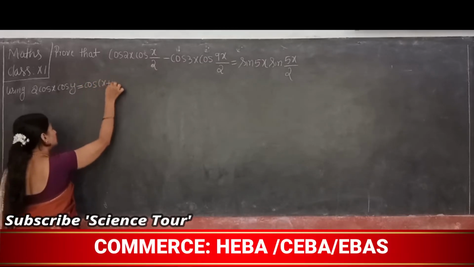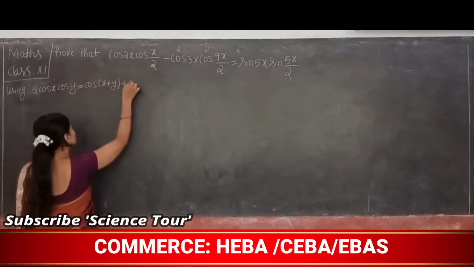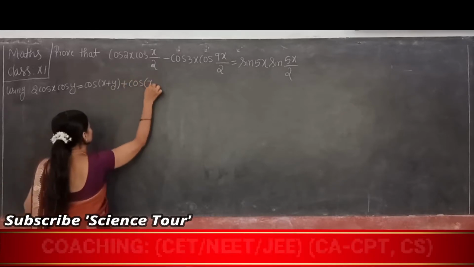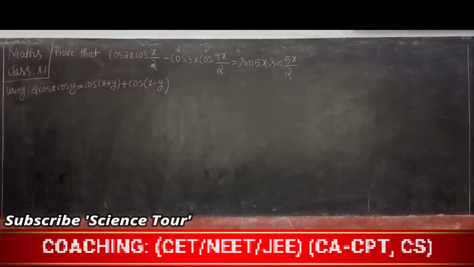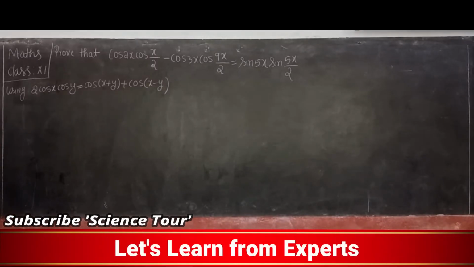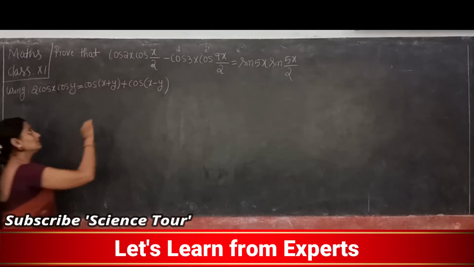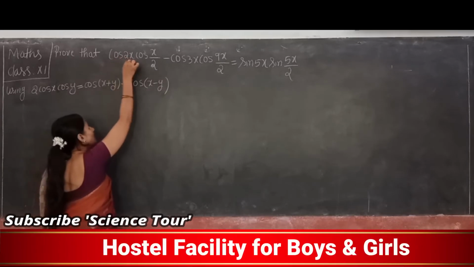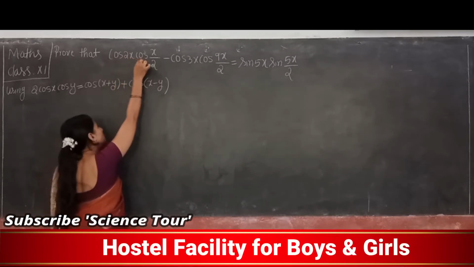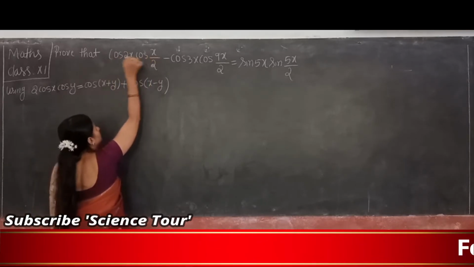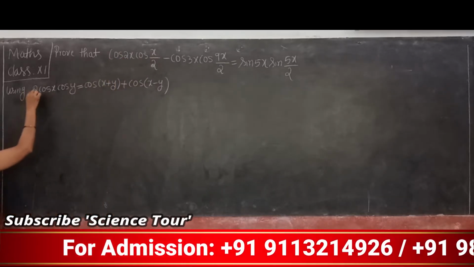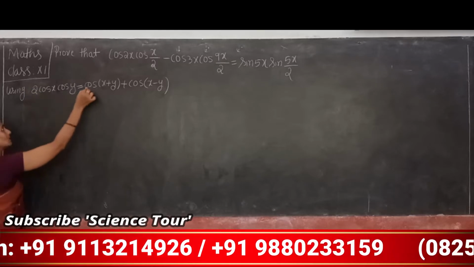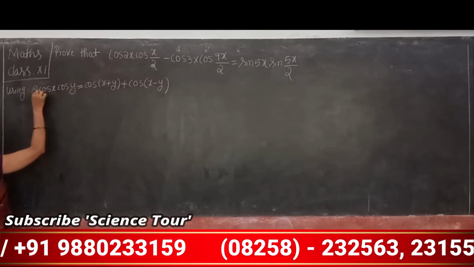Cos(x+y) plus cos(x-y). Correct, no? But here it is cos x into cos y, so there is no 2. So how to rearrange this one? Bring this 2 to this side. So it is what? 2 into.